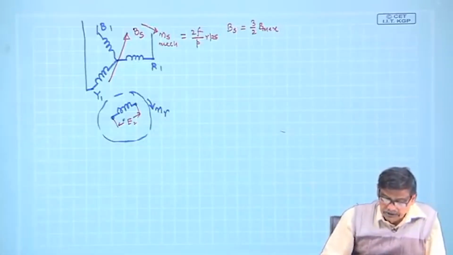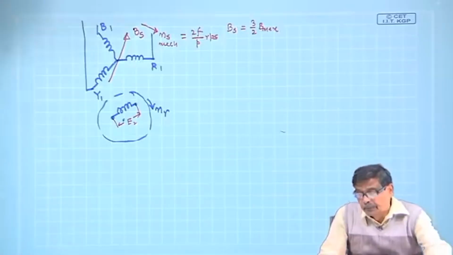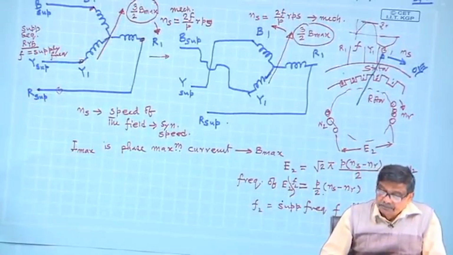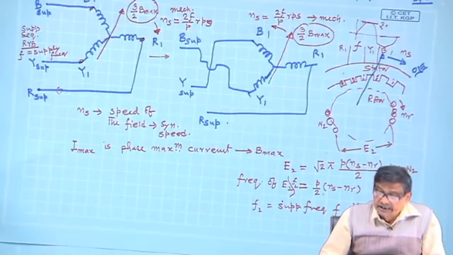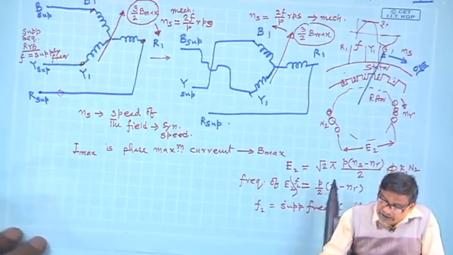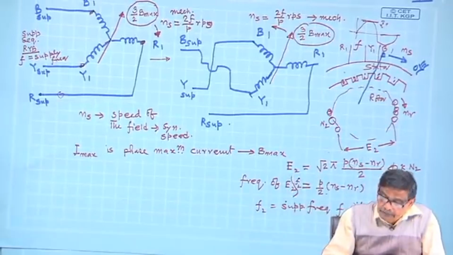when Nr is equal to 0. Obviously, you can easily see if suppose it so happens you are driving the rotor such that Nr is equal to Ns, then no relative speed exists between the coil and the field. So, induced voltage is to be 0, that is what is taken care of by this term, E2 will be 0.